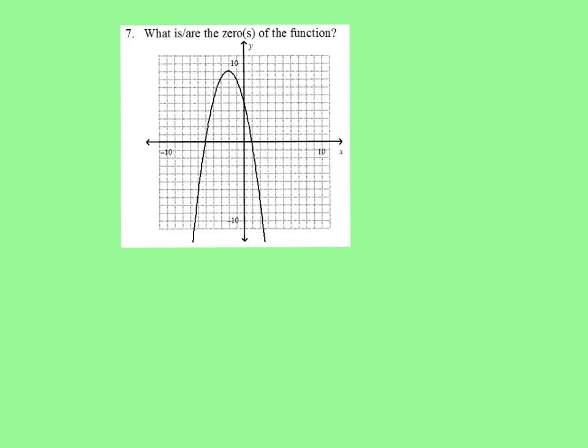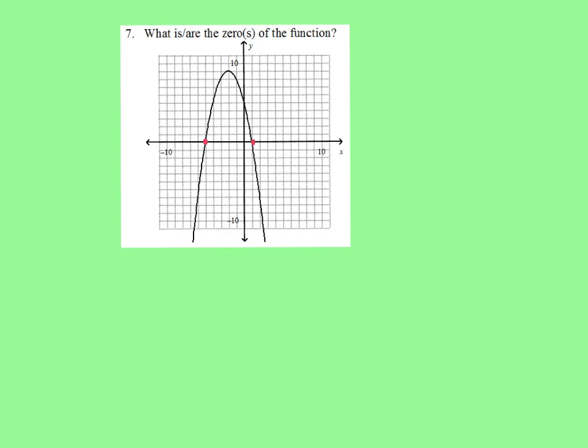Another pretty quick question, what are the zeros of the function? And you're given the graph of the function. So my zeros will always be found wherever my function crosses the x-axis. These are called x-intercepts, my zeros, my solutions, my answers. So right here and right here, you have 2 solutions.